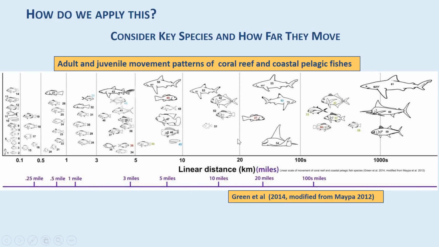So what you can see here is that we've put each fish in a place that represents how far it moves, where the black numbers are for the home range of that species, the red numbers are for spawning migrations, the blue numbers are ontogenetic habitat shifts where they use different habitats throughout their lives, and the green is for we know they move that far but we're not really sure why.